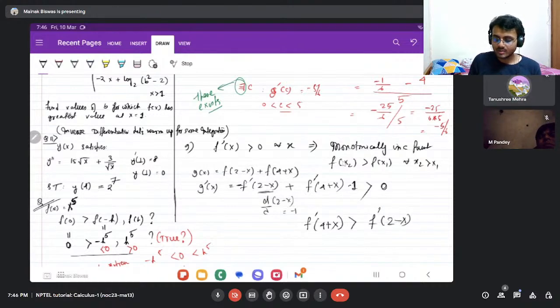When will it be greater? If f dash of x is greater than 0, if the function is an increasing function, so when will this be greater? For what values is the derivative greater? So g dash of x is this.